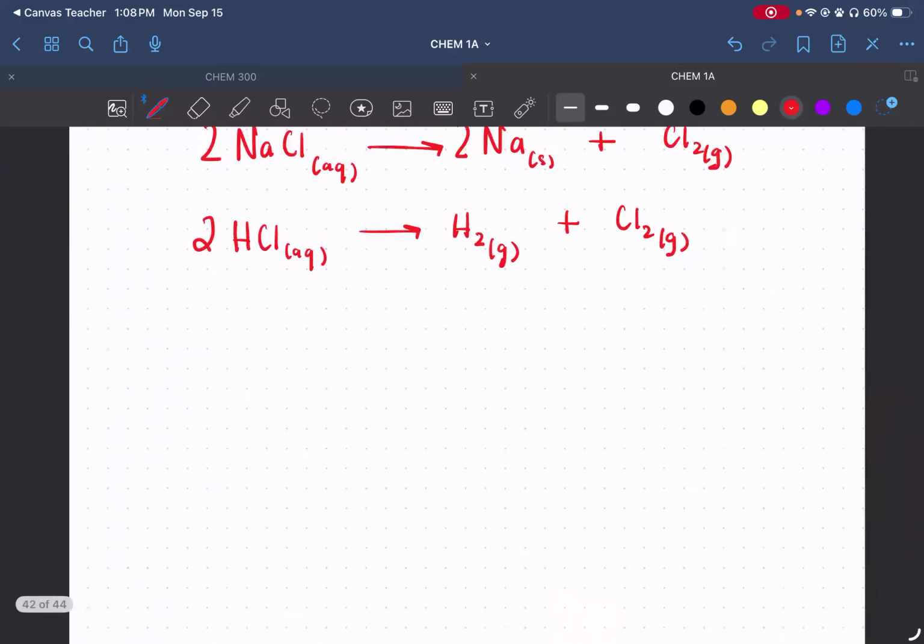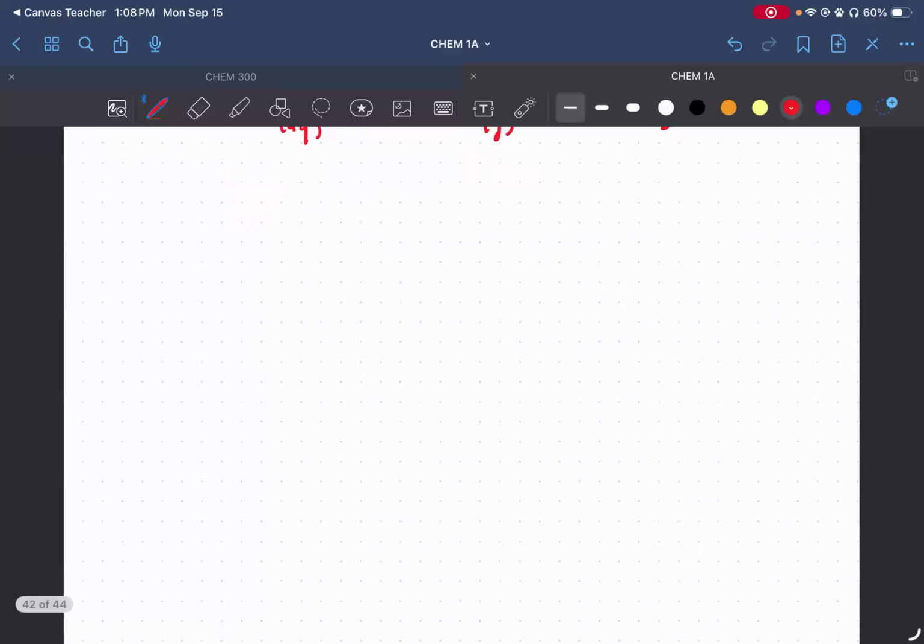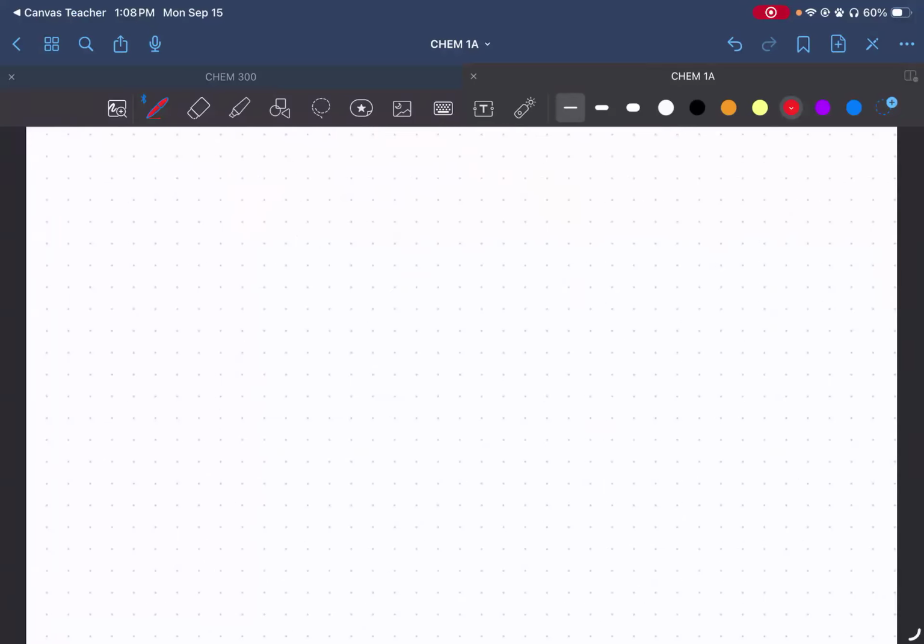All right. The next one, the last one we'll cover for today with the time that we have left, is known as double displacement.